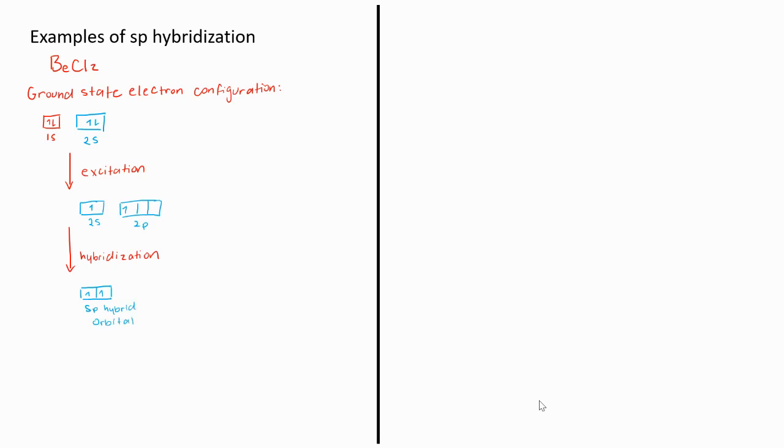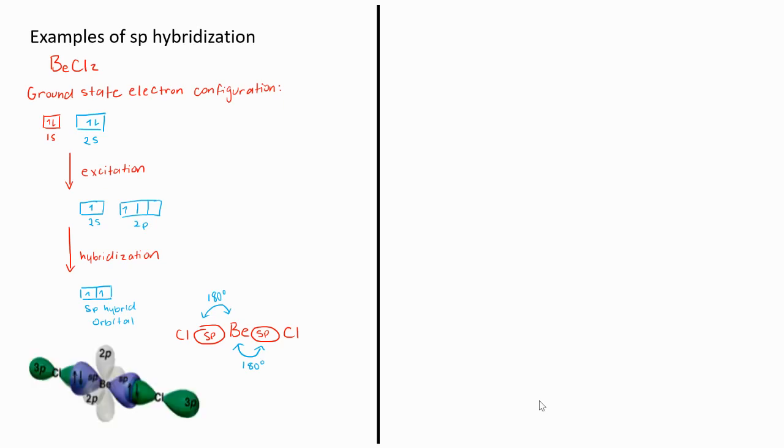After hybridization, we end up with 2 sp hybrid orbitals, and the structure we get here looks like this, with a linear shape and 180 degrees, with the sp orbitals sitting between the beryllium and the chloride atoms. Again, this is a more accurate depiction showing all of the orbitals involved.